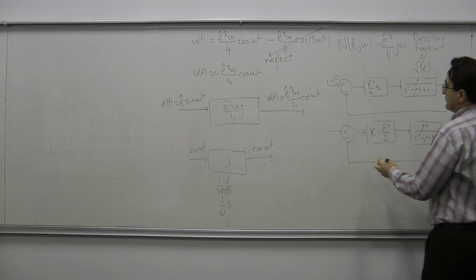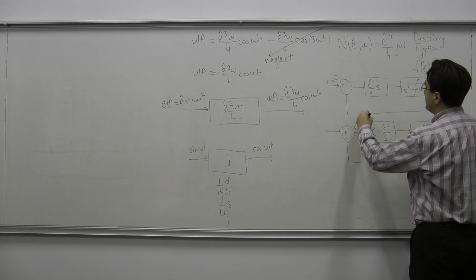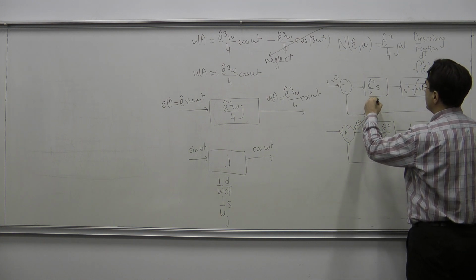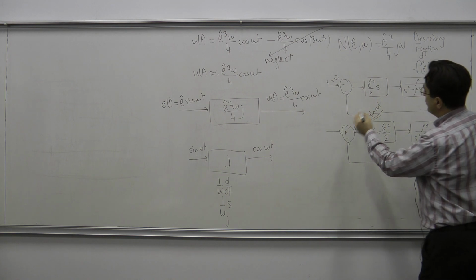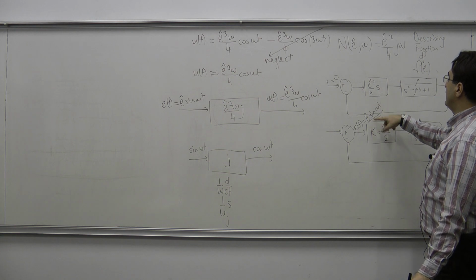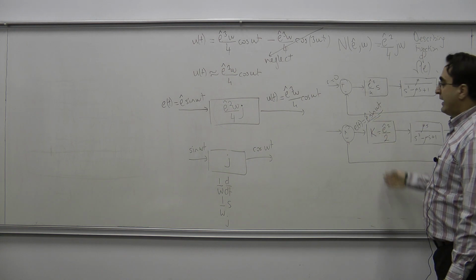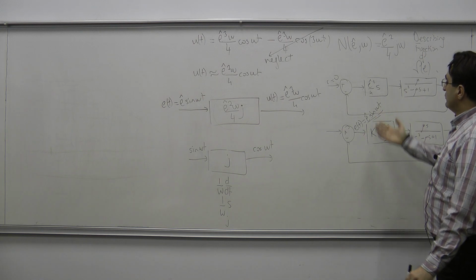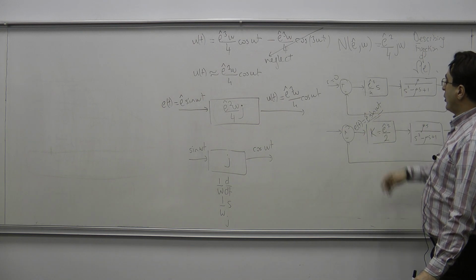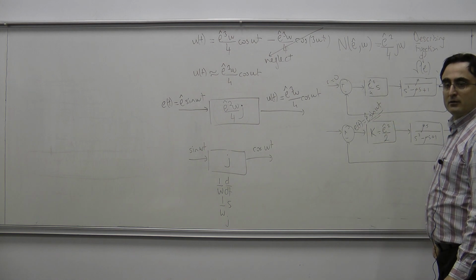So what did we want at the end of this analysis? We want E of t to have pure oscillation in the sinusoidal form, E hat sine omega t, an oscillation which doesn't grow or doesn't decay, okay?